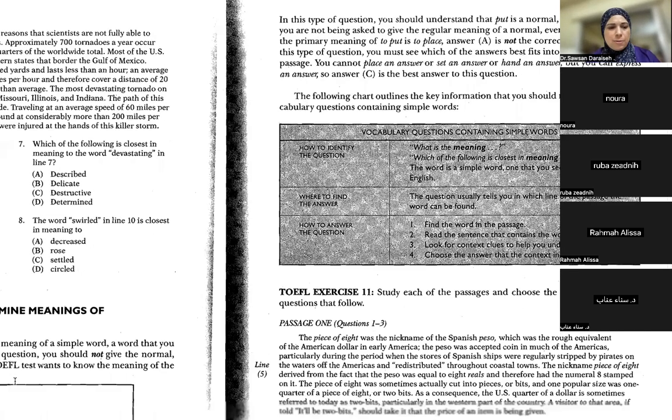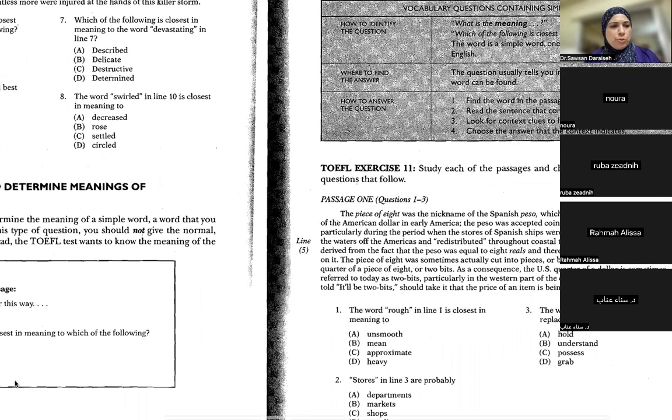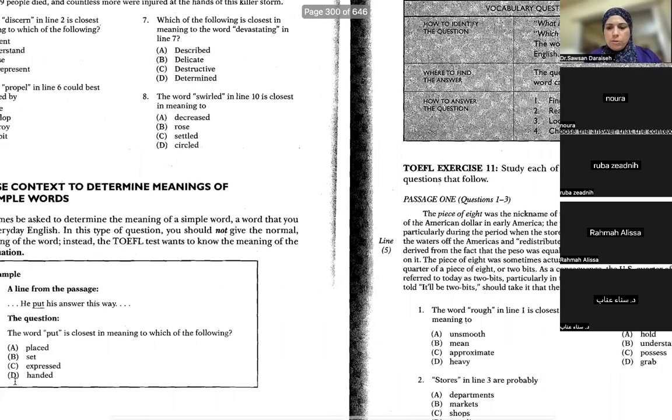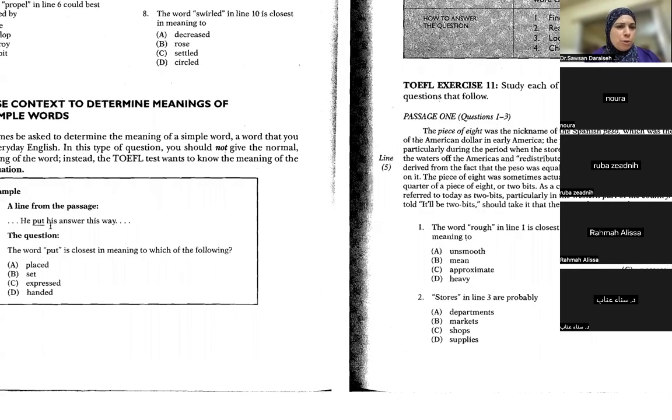Like over here, look, guys. Let me show you what we're going to do. So instead of saying he put his answer, you say he placed his answer, he set his answer, he expressed his answer, he handed his answer. This way, in a certain way. So the only word that works is expressed.